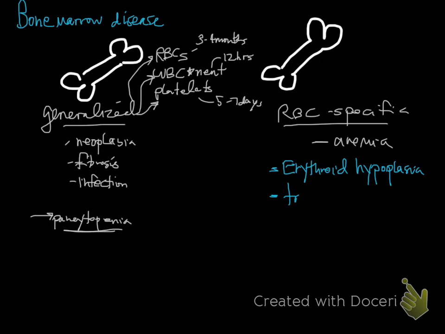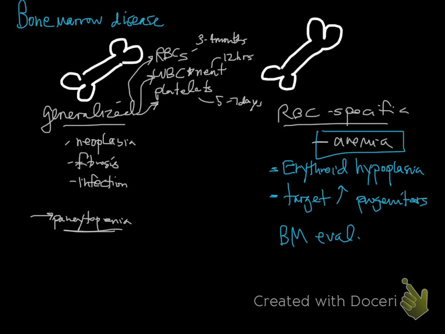You can also have targeting of the erythroid progenitors, these red cell progenitors, and you can target them early or late, so your red cell production may be different. But the end of the line is that you're anemic, and the only way to diagnose this definitively is to evaluate the bone marrow and look for what's actually happening. So you can't diagnose this just on a blood smear, but you can suspect it.